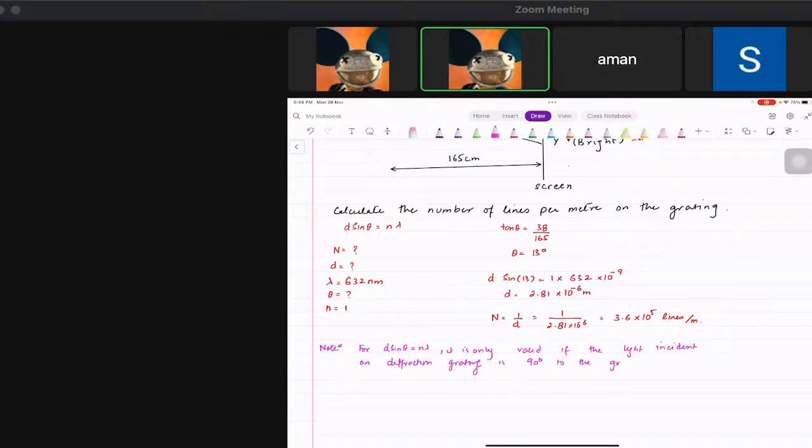So it should always be perpendicular, just remember that.